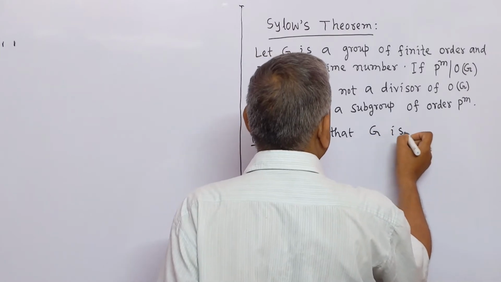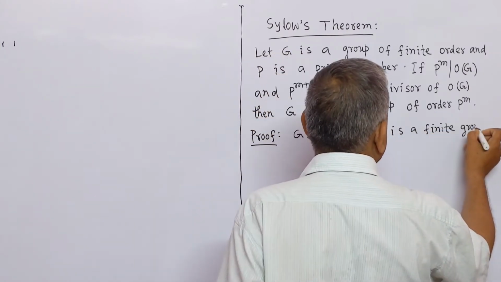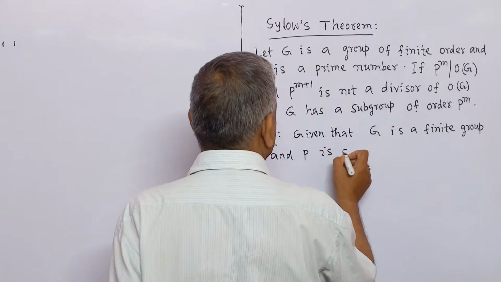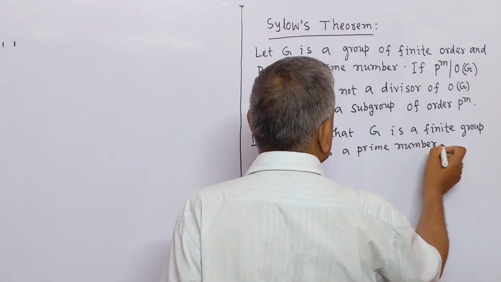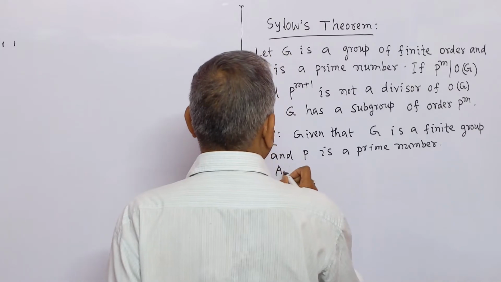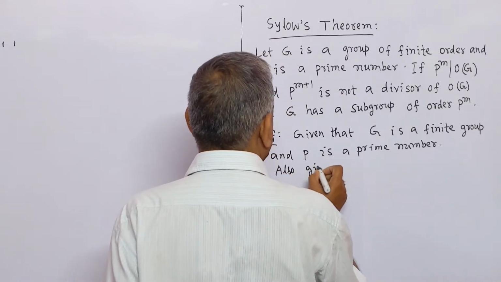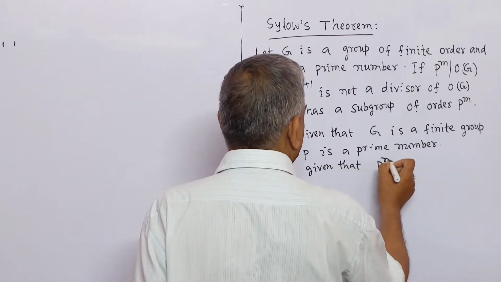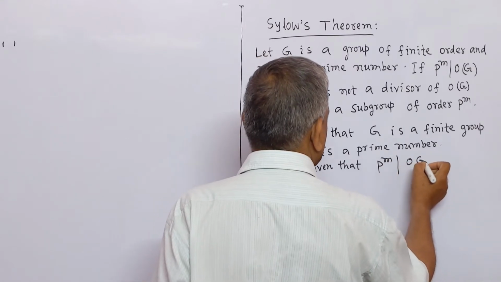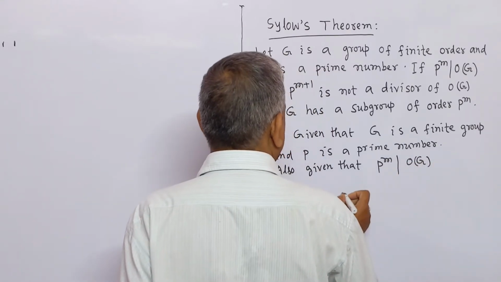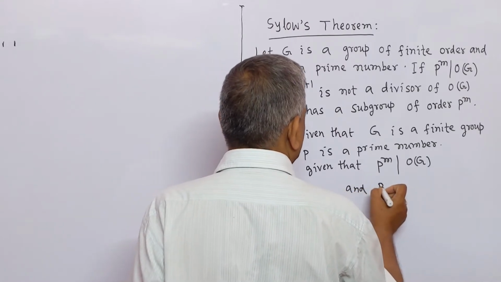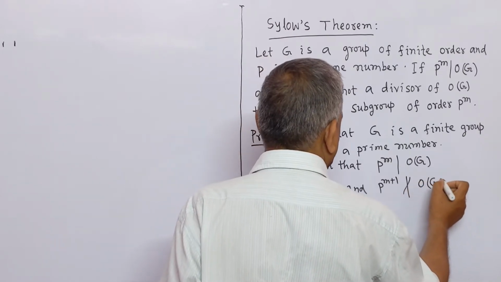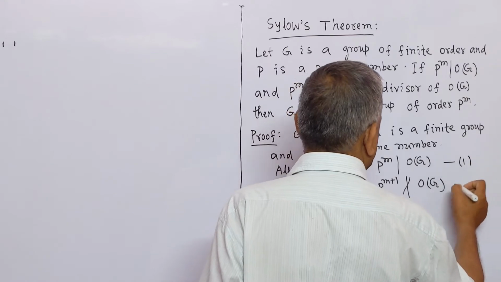Given that G is a finite group and P is a prime number, also given that P to the power m divides order of G and P to the power m plus 1 does not divide order of G. Let this is number 1, this is number 2.